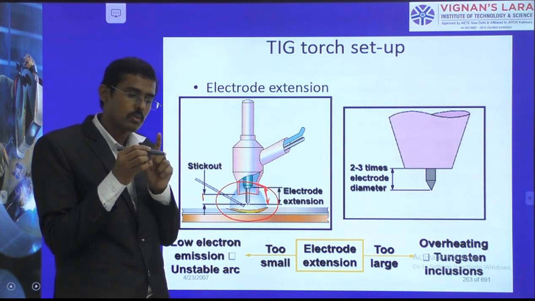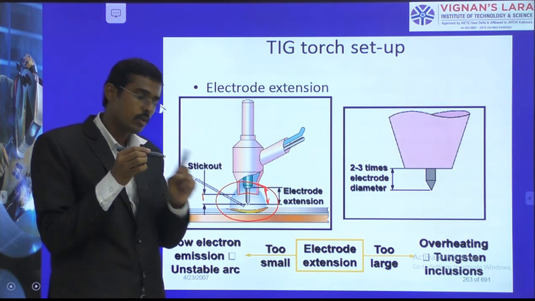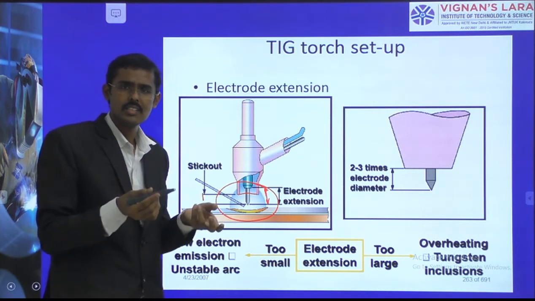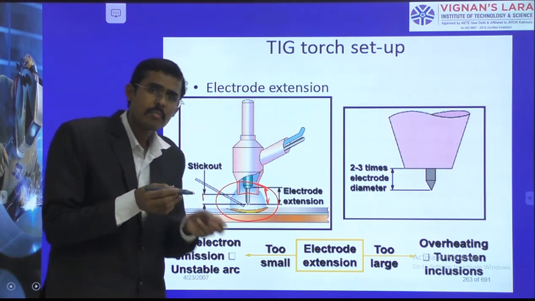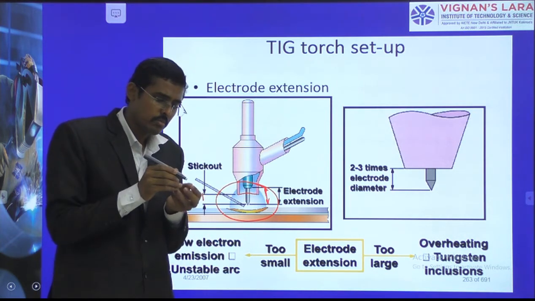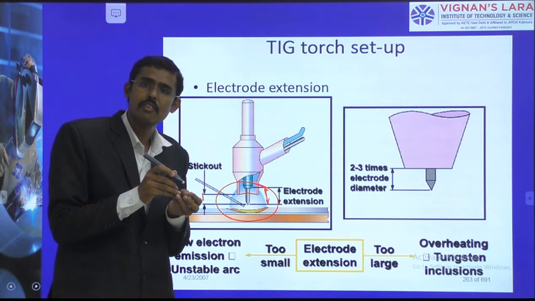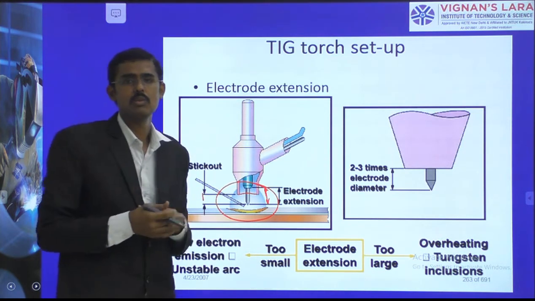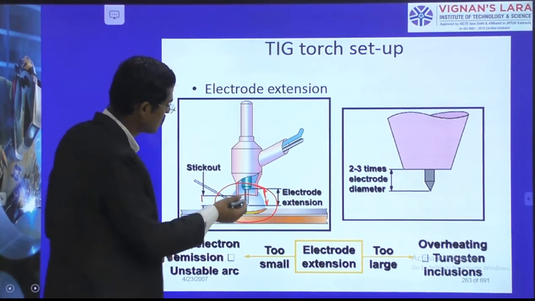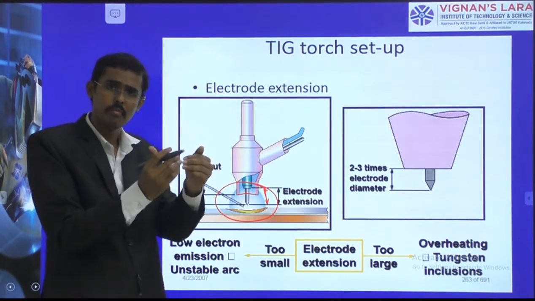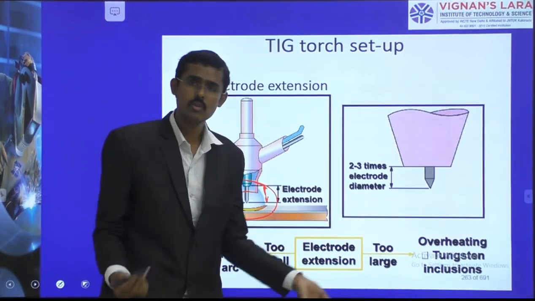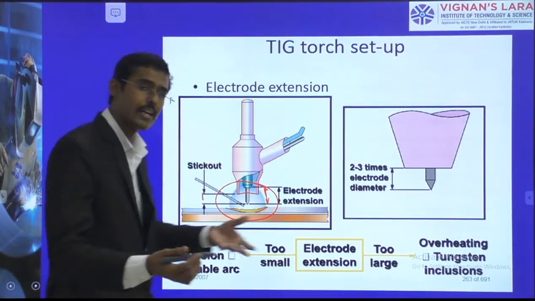The electrons should travel from here to that end. So the electrode extension should be minimum, not too large. If too large, the tungsten will overheat.